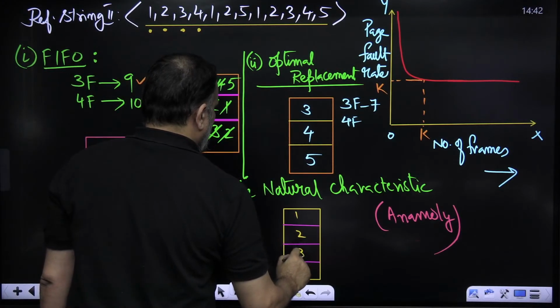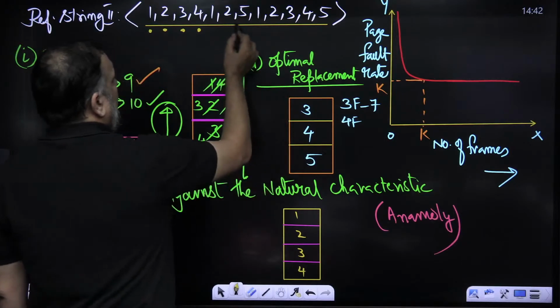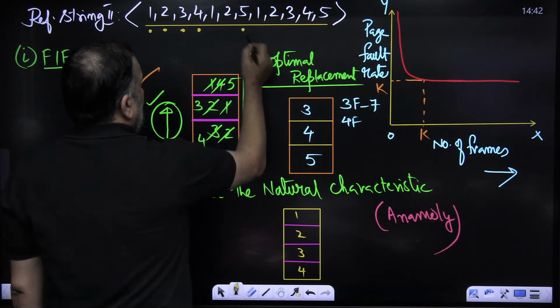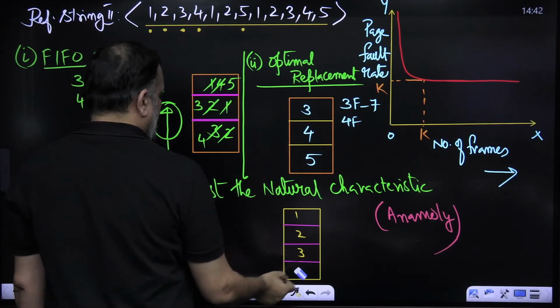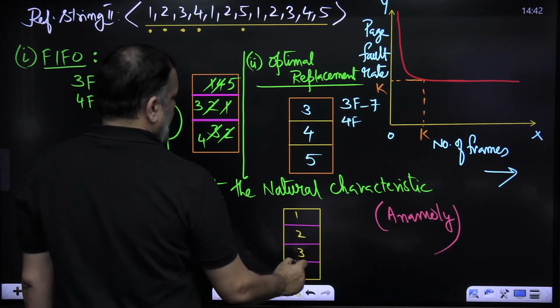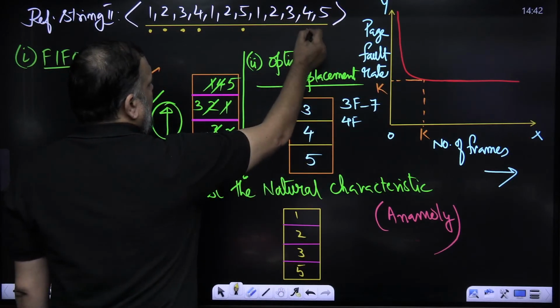Then after that 1, 2 will not cause a fault, 5 will cause a fault. अब देखिएगा 1, 2, 3, 4, 4 is at the end. So in place of 4 I am going to bring 5. 1, 2, 3 no page fault, 4 will cause a fault.